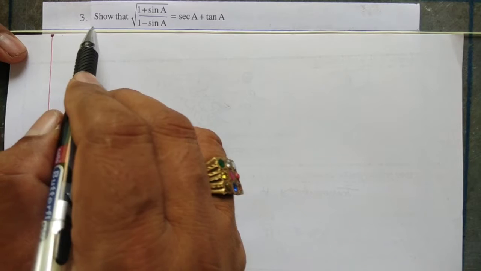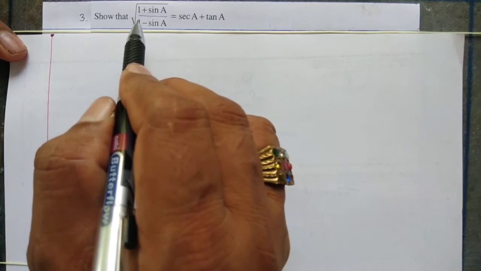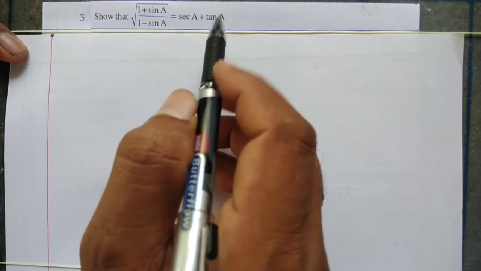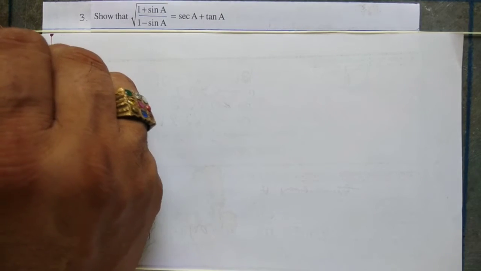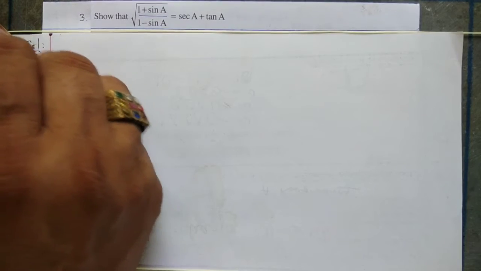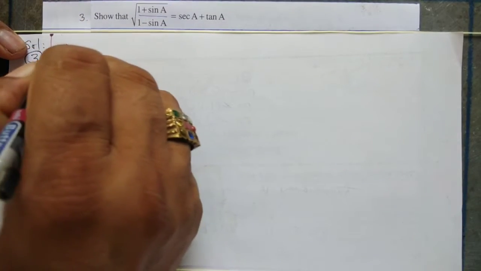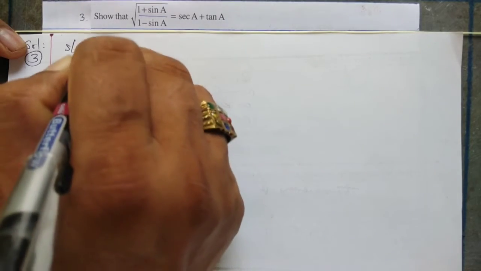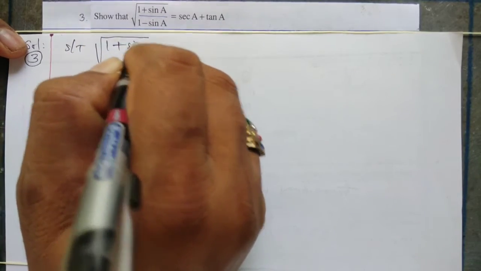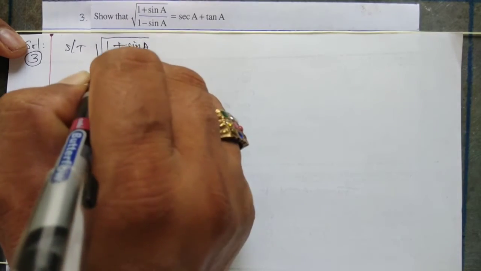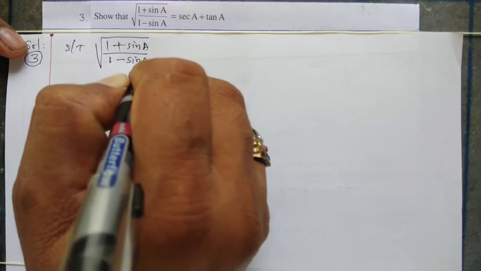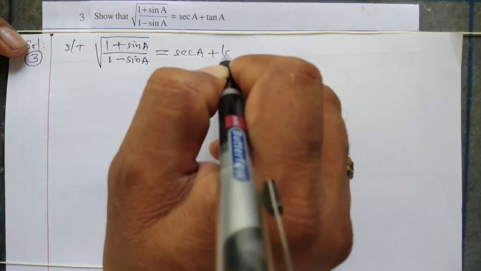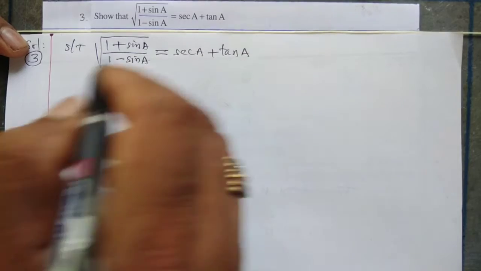Question number 3. Show that under root of (1 plus sin A) by (1 minus sin A) is equal to sec A plus tan A. Solution for the third problem: show that under root of (1 plus sin A) by (1 minus sin A) is equal to sec A plus tan A. This we have to show.